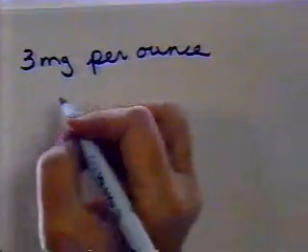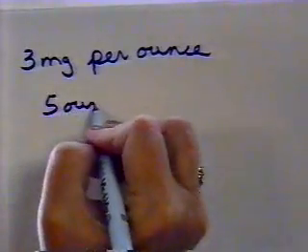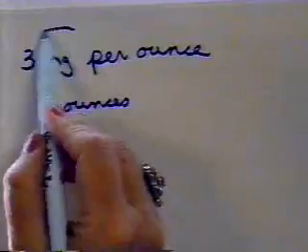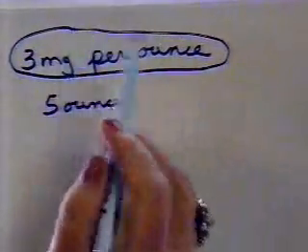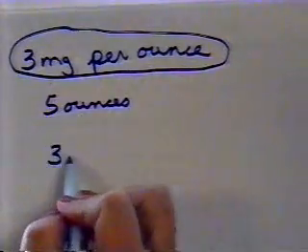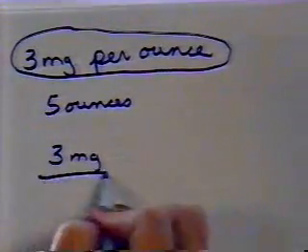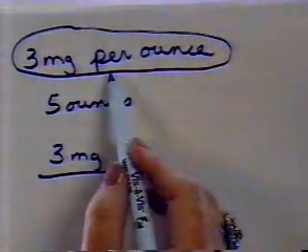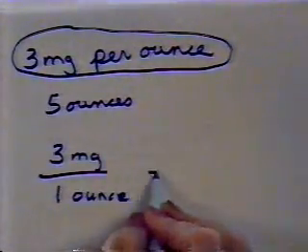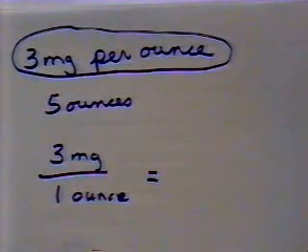How much drug is there in 5 ounces? Whenever we see the in, per, the contains, that becomes our first fraction of the proportion. And keep your label. Per ounce means for every 1 ounce, so I put 1 ounce. 3 milligrams per 1 ounce.